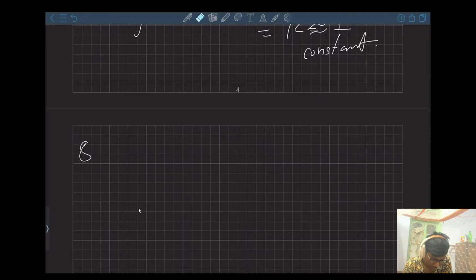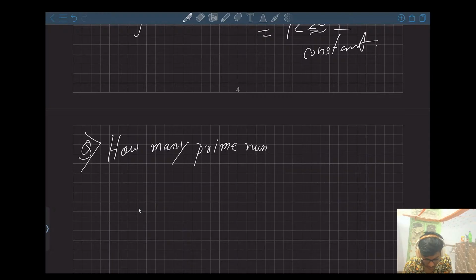So question, how many prime numbers are less than or equal to n? So up to n, how many primes are there?